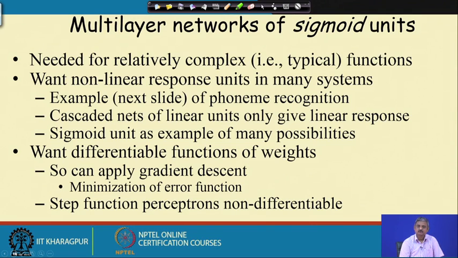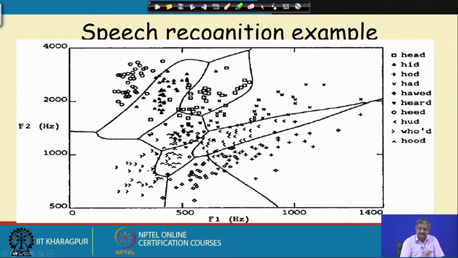Okay. So, if you have a complex function, for example, this is a speech recognition problem. You have to recognize the vowels, the 5 vowels. And if we look at the frequencies of utterances of the speech signal for these vowels, they would form a complex class boundary like this.